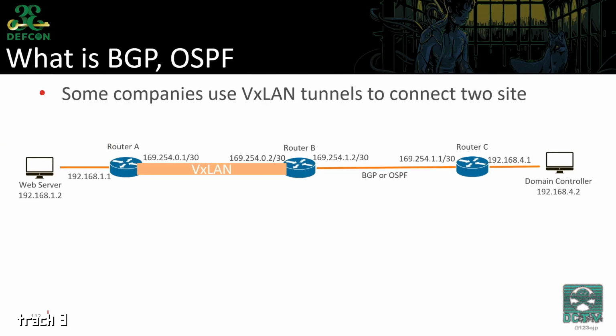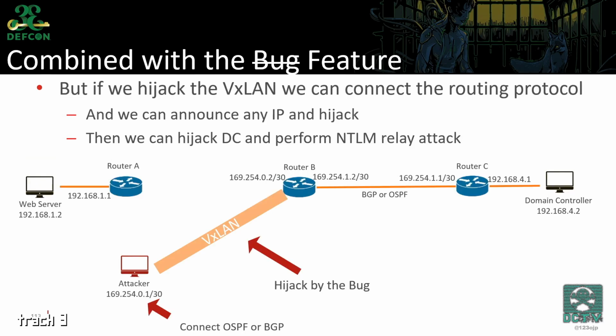We often see companies use VXLAN tunnels to connect two sites with routing protocols. But when we combine this with the learning feature, we can hijack router A's IP.